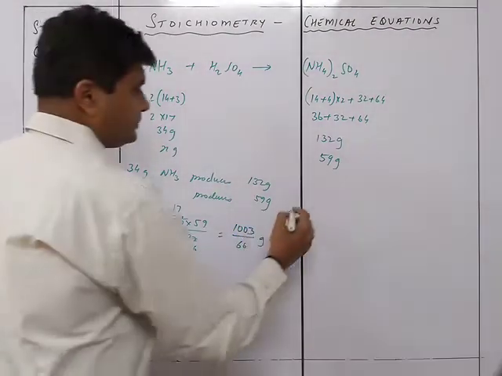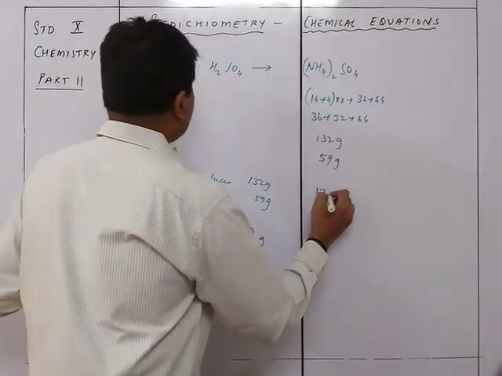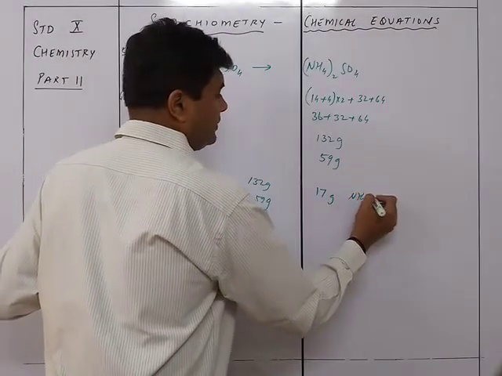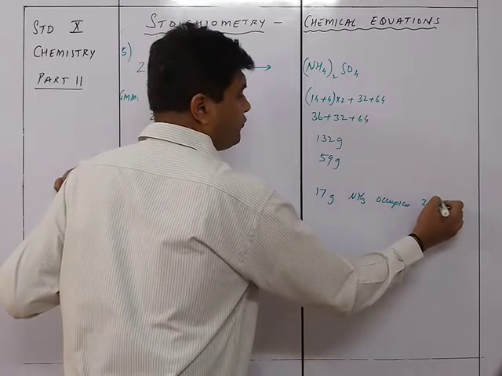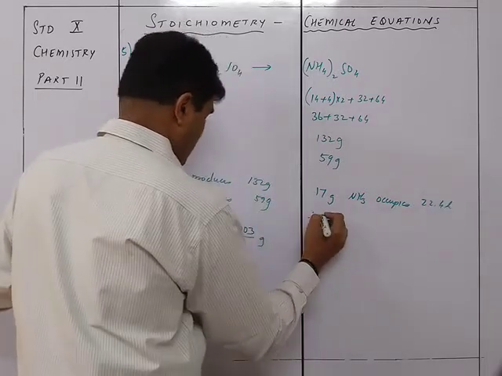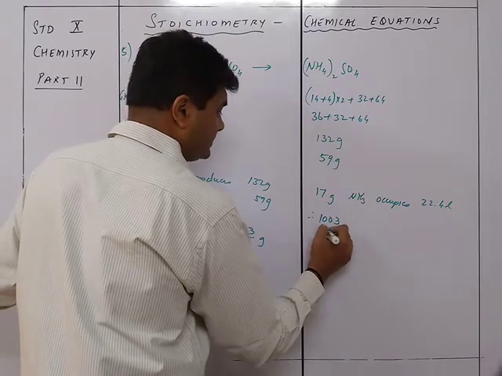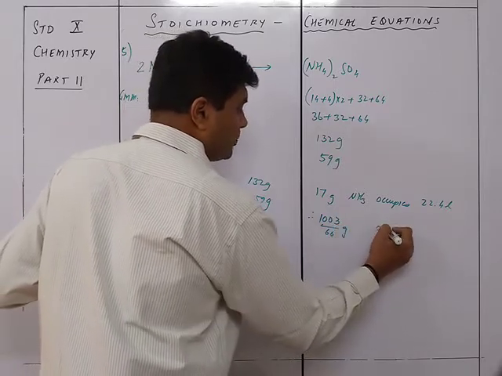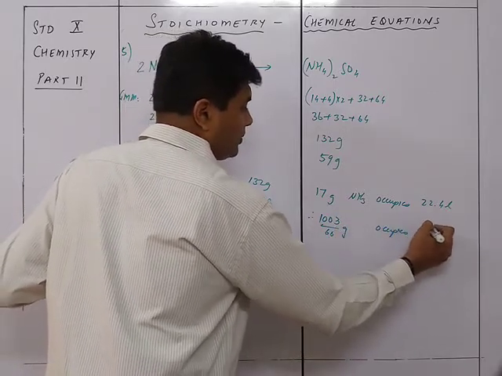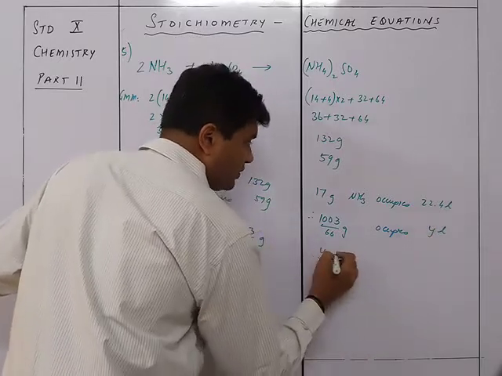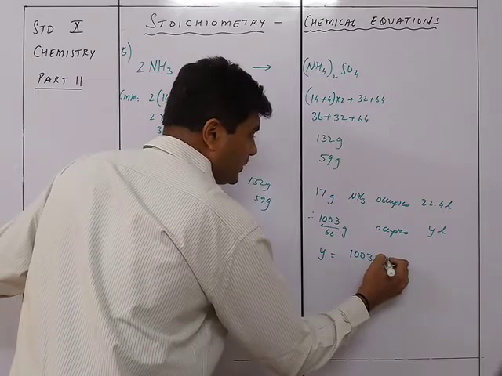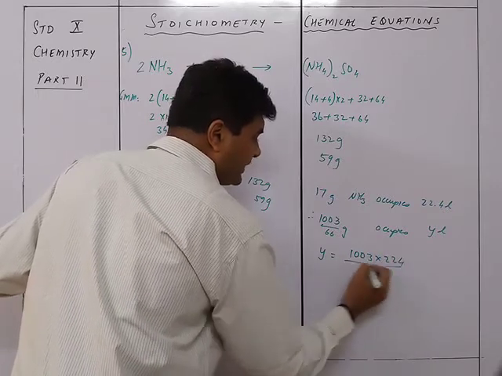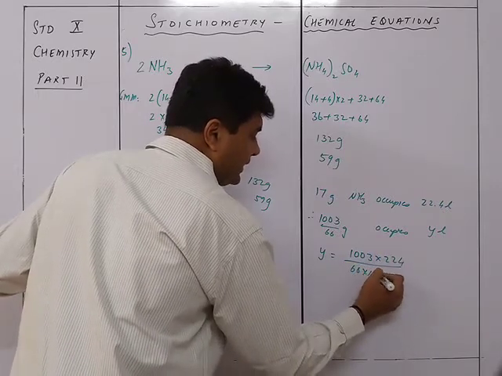Now we know that 17 grams of NH3 occupies 22.4 liters. Therefore 1003 upon 66 grams occupies Y liters. So Y will be equal to 1003 into 22.4 upon 66 into 17.